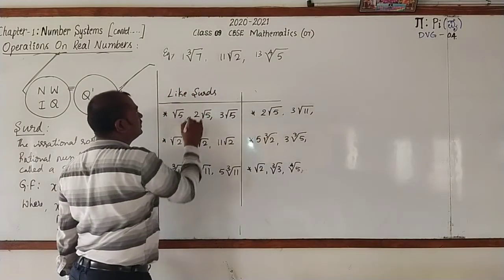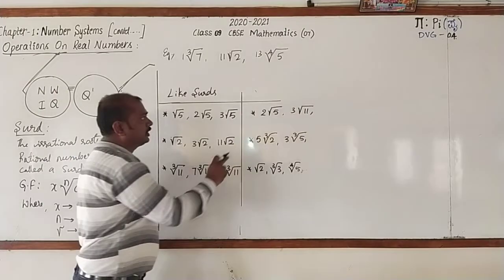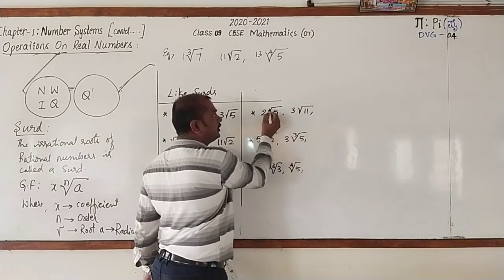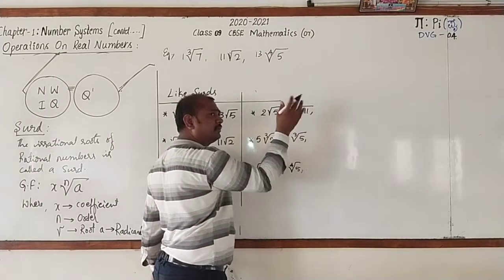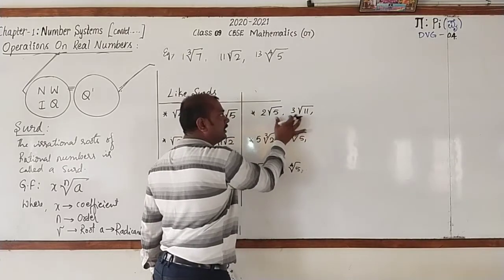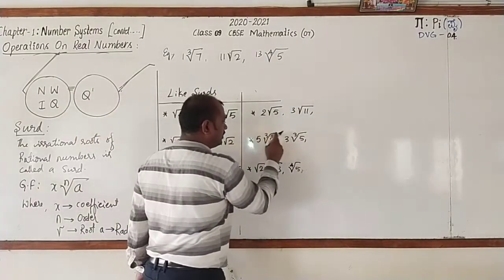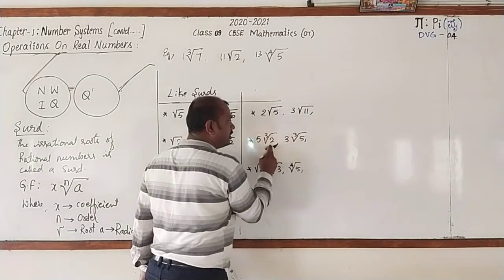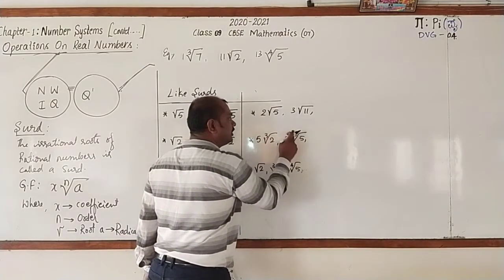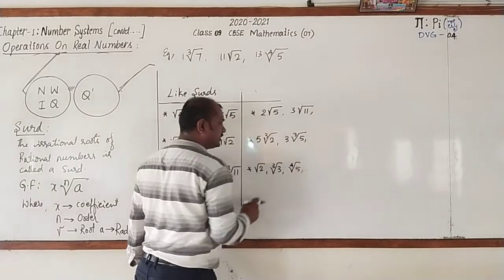Like surds. Then here you can observe, what is the order? 2. Here also 2. The order may be the same, but what about the radicand? 5 and 11. They are different. Here the orders are the same, the radicands are different.